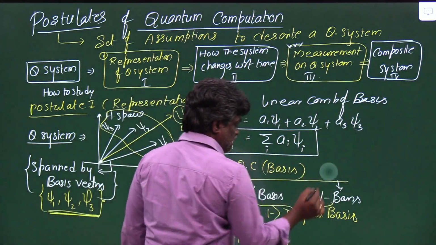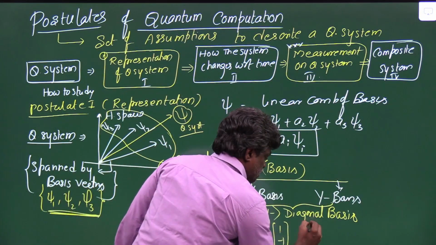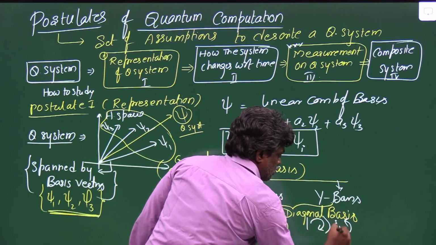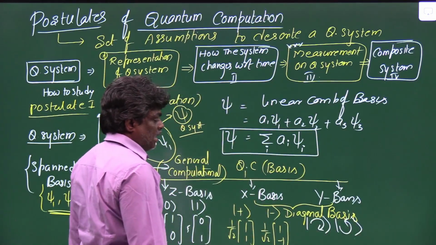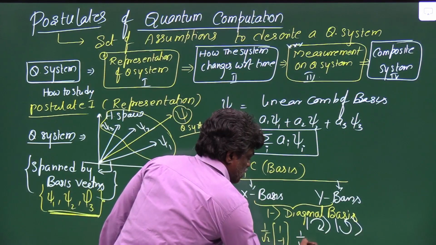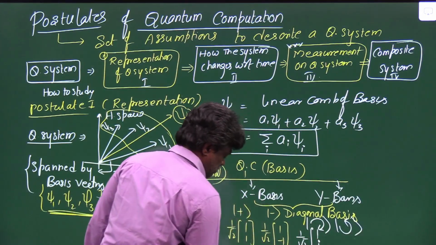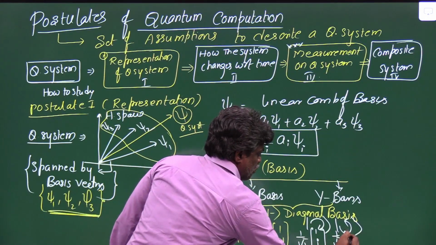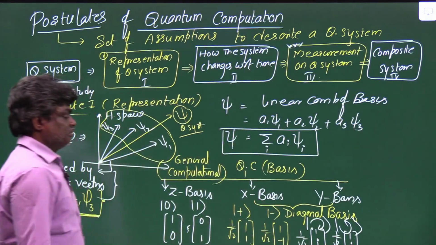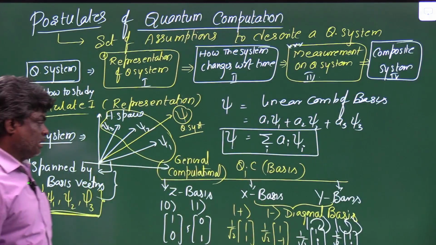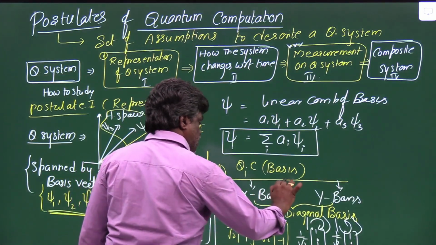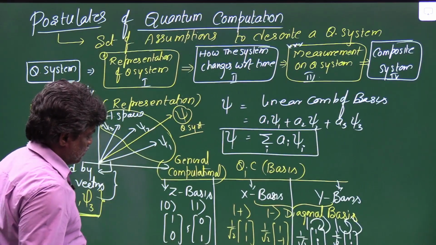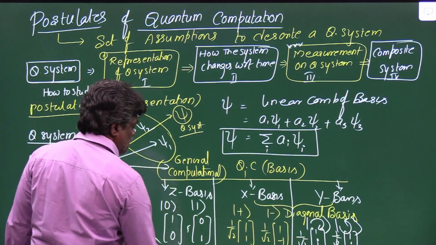Next, Y bases are represented by rotation, clockwise and anti-clockwise: 1 by root 2 times (1, i), and 1 by root 2 times (1, minus i). So these are the three basis states possible for our quantum computation to express any system. But we are choosing only this one.